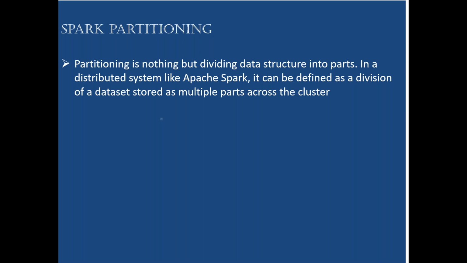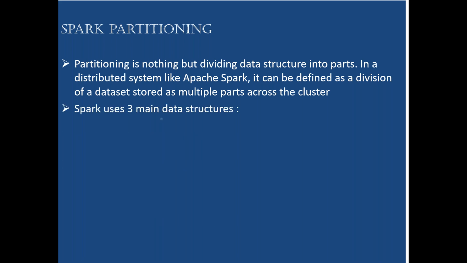It can be defined as a division of a data set stored as multiple parts across the cluster. So we are applying the division on whatever data you have. If you have 100 records, you divide them into 4 parts. Each part is a partition. All these 4 partitions will be executed in the cluster.